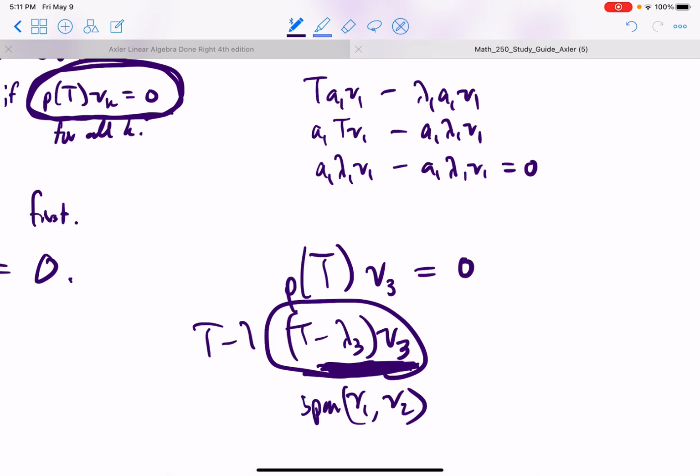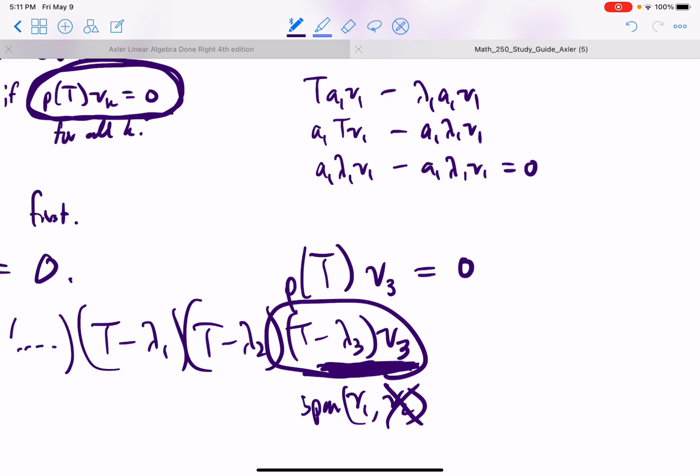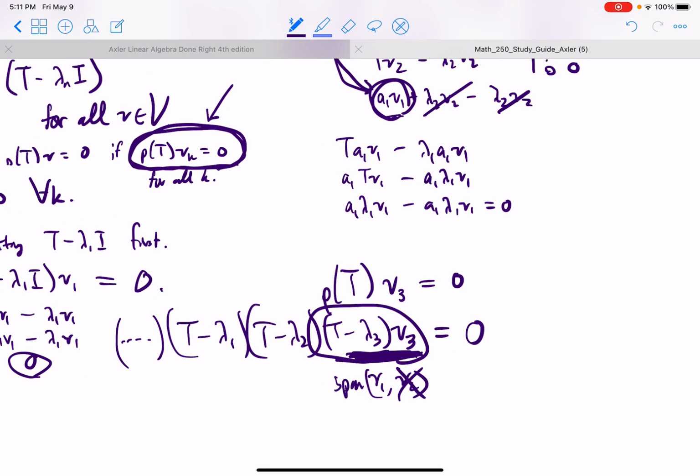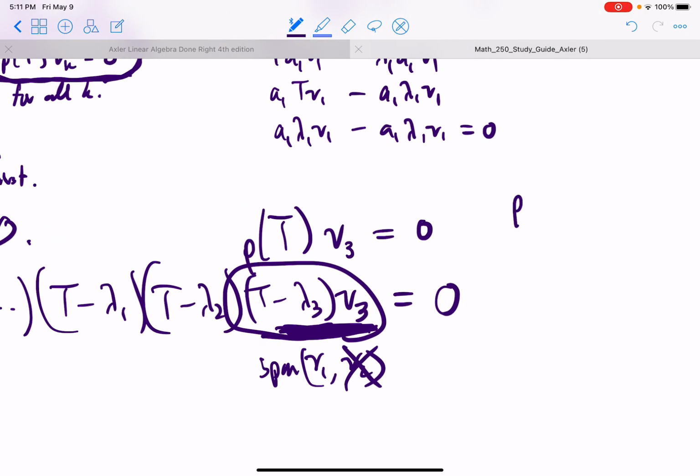But then we're going to hit it with T minus lambda 2, which will take this vector and put it into the span of v1, and then we'll hit it with T minus lambda 1, which will finally give 0, and then we'll do all the other factors, and they eat 0 and spit out 0. So that's how it goes, and so it's now clear that P of T v_k is equal to 0 for all k, and we're done.